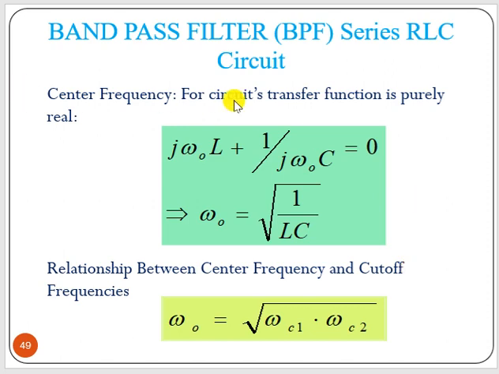Now the center frequency is nothing but the resonant frequency. That means the reactances of the capacitor and inductor should be equal, or the summation is 0, so the imaginary part is equal to 0. For that we can find omega 0 is root over 1 by LC, which you have already seen in the resonant circuit, and omega 0 is nothing but root of omega C1 into omega C2.